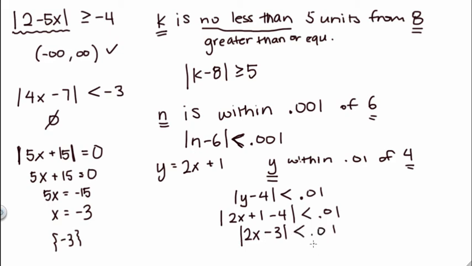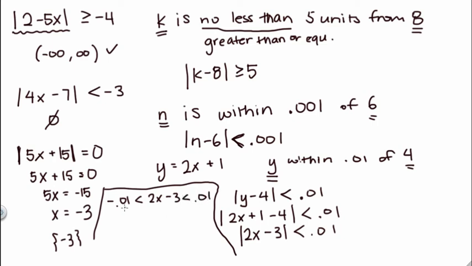And since it's a less than, we can set up the inequality. So let me go here and set up some space. So 2x minus 3 is less than 0.01, right? So since it's within, it can either be greater than negative 0.01, but definitely less than 0.01 to be within a distance of 0.01. And then you do the same. So we add 3 to both sides, actually to all sides, right?